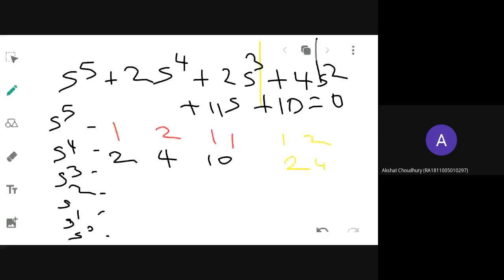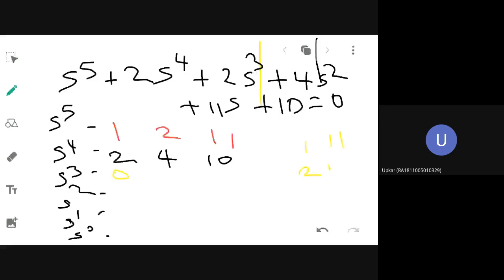So with 1, 2, 2, 4: 4 minus 4 divided by 2, so it will be 0. And then 2 into 11 minus 10 divided by 2.